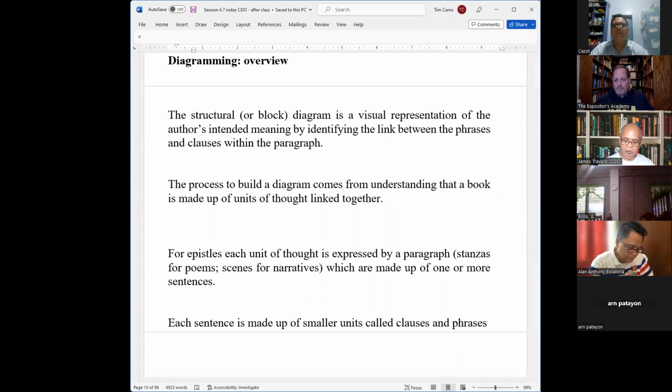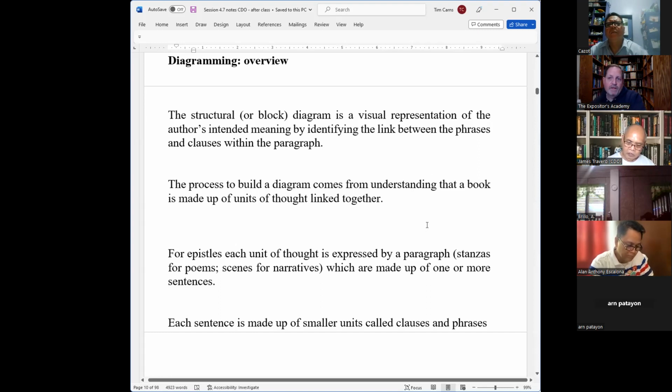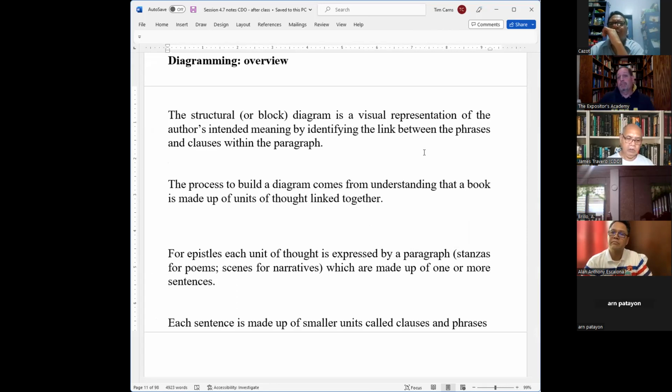The process in forming a block diagram understands that every book is made up of units of thought. If the book is an epistle, each unit of thought is represented by a paragraph. If the passage is a poem, it's made up of stanzas.